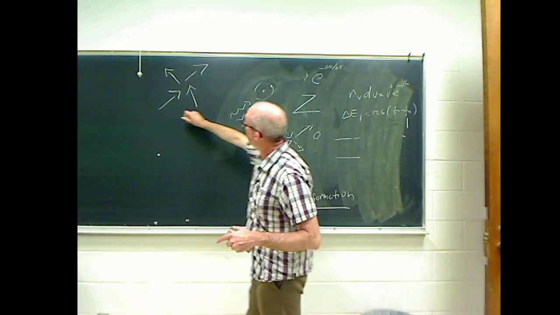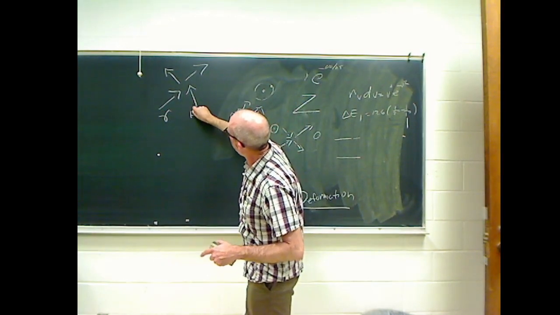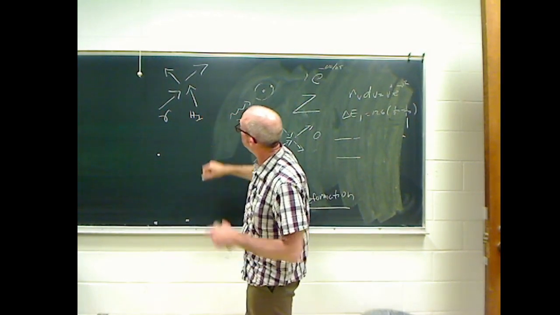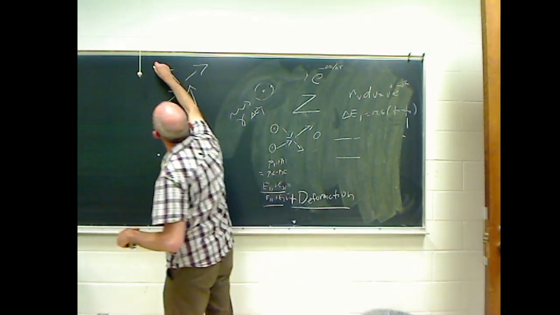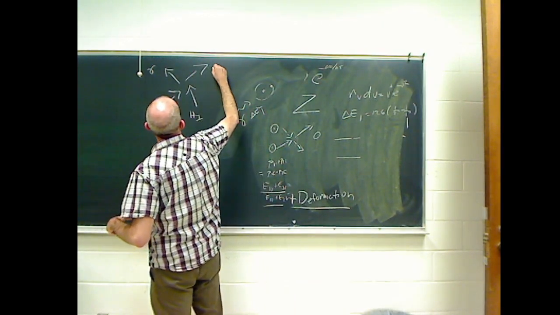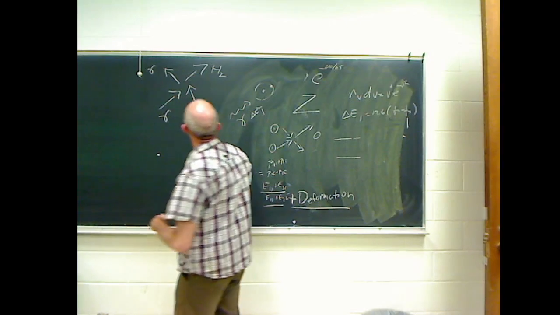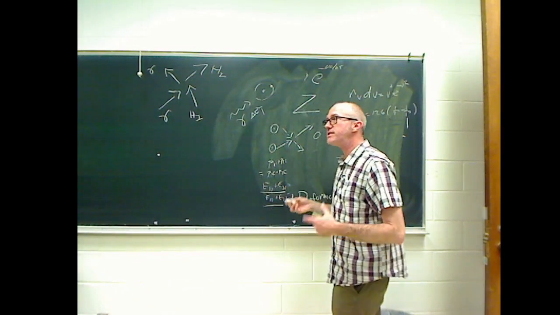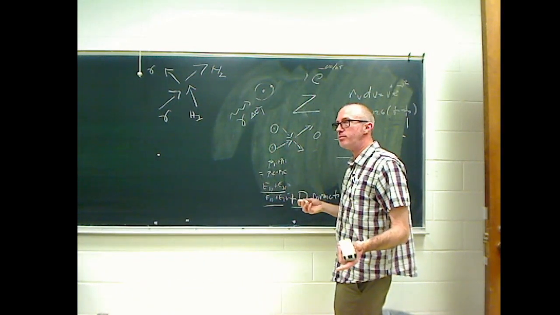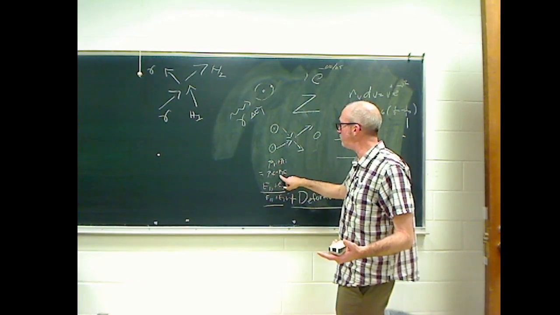I have a photon coming in and my hydrogen in the ground state. Then coming out, I'll have a photon with a different energy and a hydrogen in the first excited state. But it's the same momentum and energy conservation principles. I've got a P1, P2 which has to equal P1, P2.